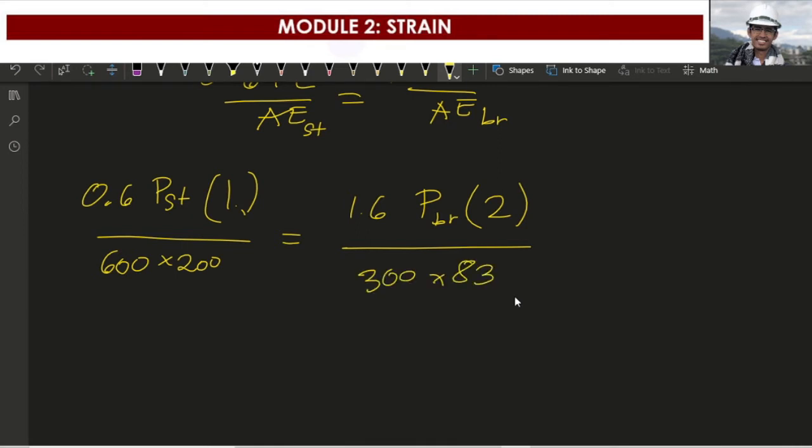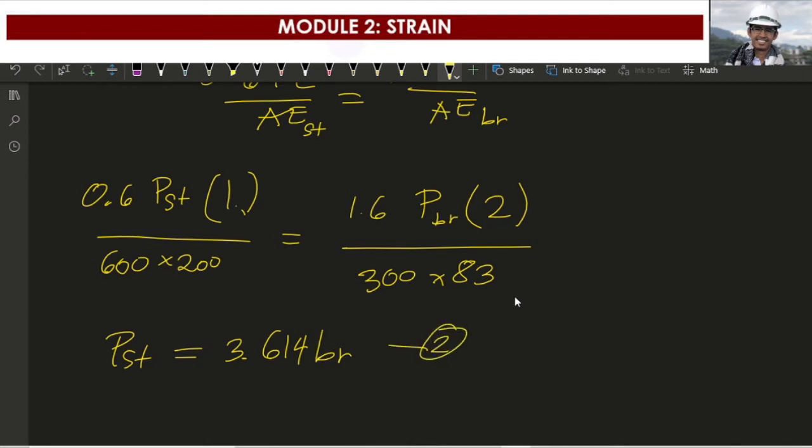Okay. So we can solve yung ating force steel in terms of force ng bronze. Tama? So simplify natin yung equation natin. That will give us P steel is equal to 3.614 ng bronze. Tama? So this will be our second equation.